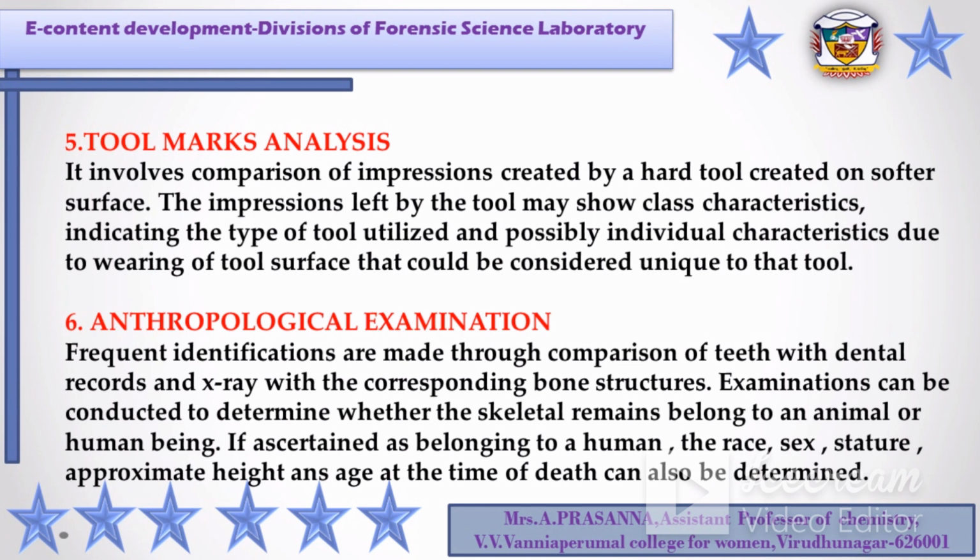Examinations can be conducted to determine whether the skeletal remains belong to an animal or human being. If ascertained as belonging to a human, the race, sex, stature, approximate height, and age at the time of death can also be determined by using this anthropological examination.